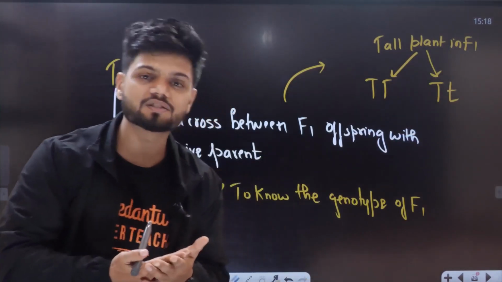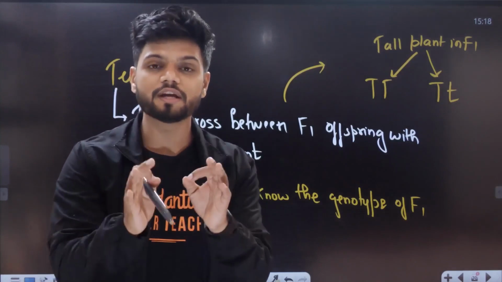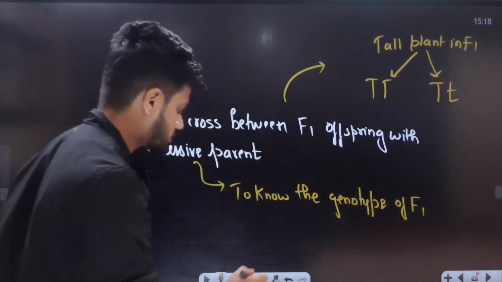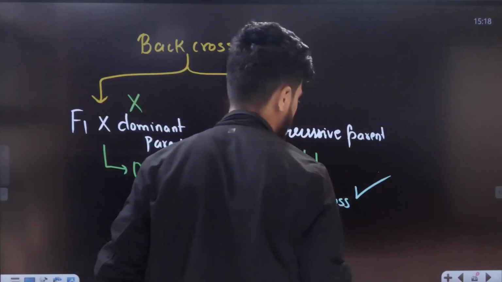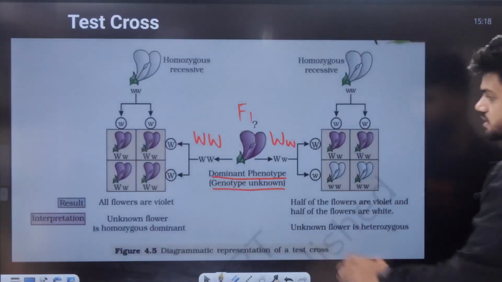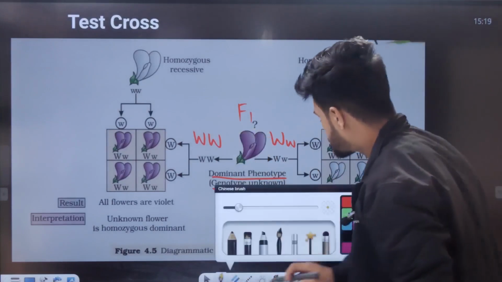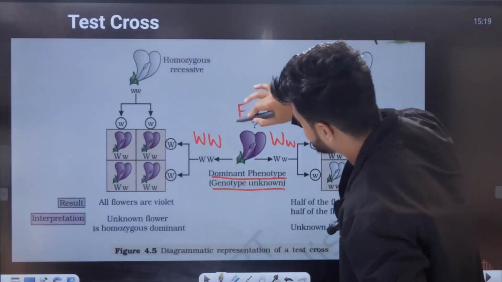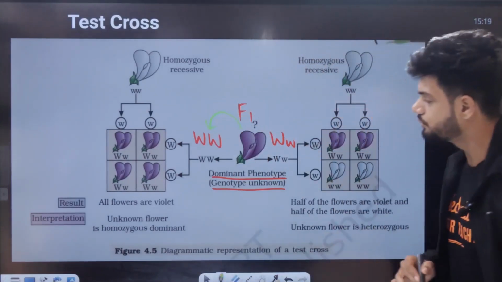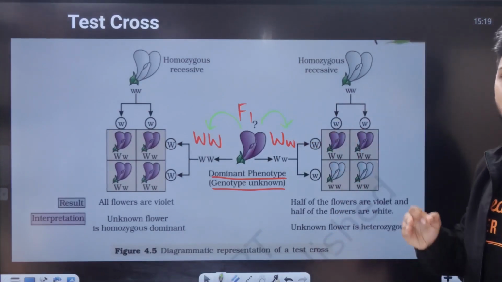To find the unknown genotype of F1, we do the test cross. See here, we are also doing it here to know the genotype of F1. This is your F1. The possible genotype can be capital W, capital W, or capital W, small w.